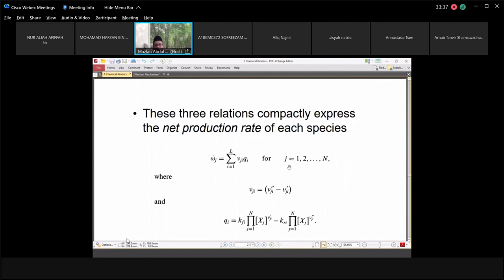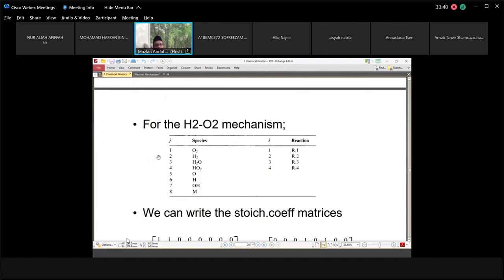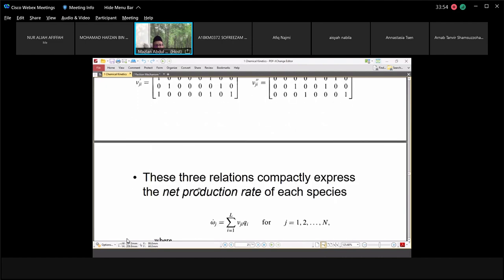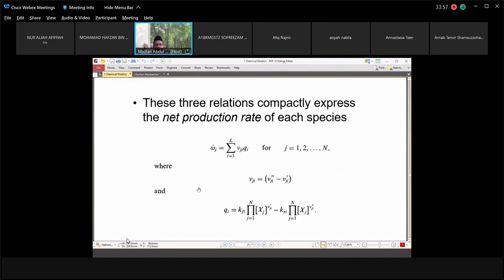For example, J number 1 is species number 1, which is oxygen, J2 means hydrogen, J3 means H2O, J4 means HO2, 5 oxygen, 6 hydrogen, 7 OH, and 8 M. This is just a compact notation where nu_JI is the net stoichiometric coefficient, product minus reactant, and Q is the net production rate for each species.